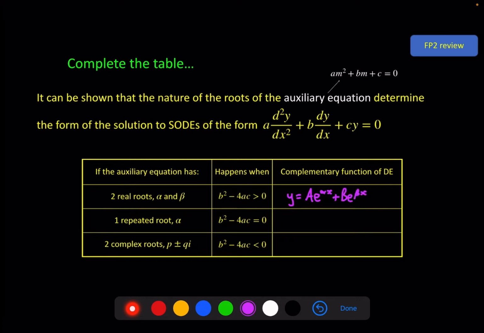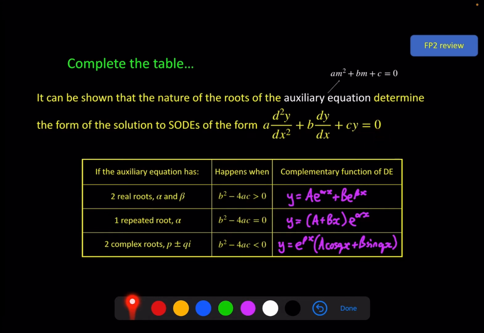If there's only one repeated root, then it should be a plus bx times e to the alpha x, and if the roots are a complex conjugate pair, then you need y is equal to e to the px times a cosine qx plus b sine qx. These are the general forms of the solution for a second order homogeneous equation where it equals 0.